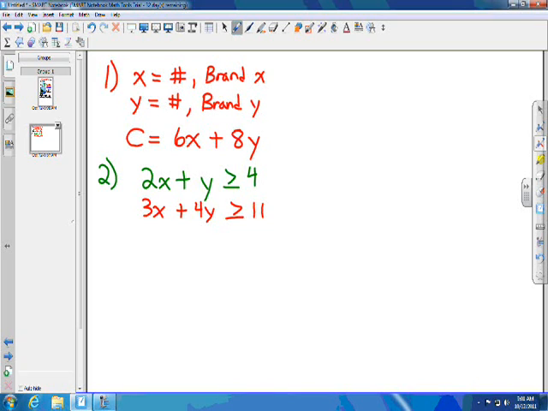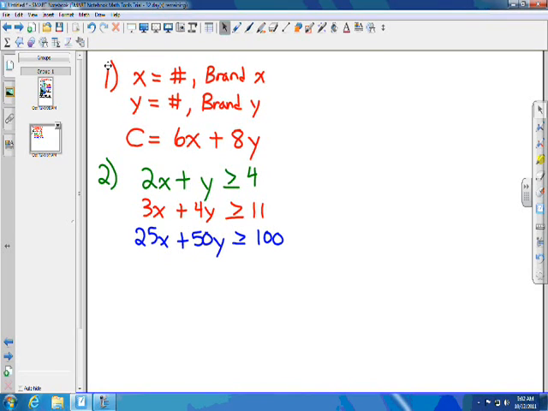And then vitamin C, we get 25 from an X, 50 from a Y, and we have to have 100 or more.